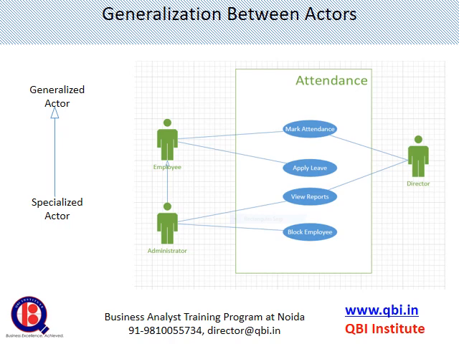Having learned about the notation of the generalization relationship between actors, which is that of an arrow, and having learned the definitions of the specialized actor and a generalized actor, now it is time to learn about the generalization relationship between actors through an example.